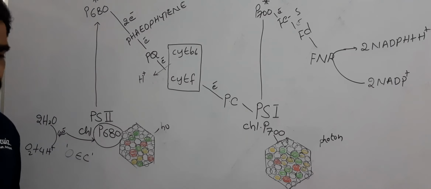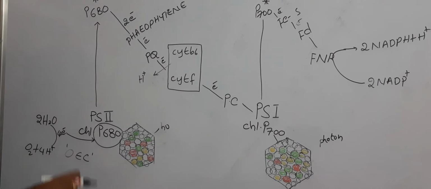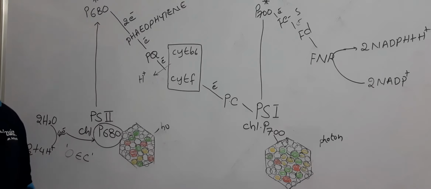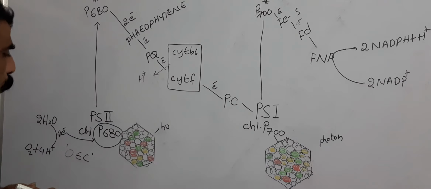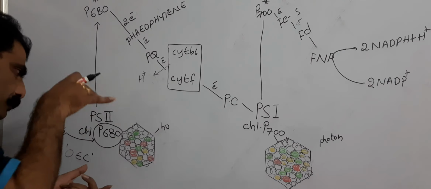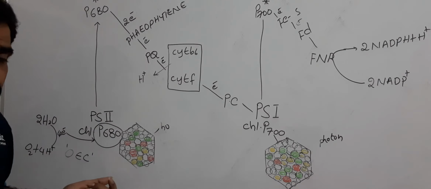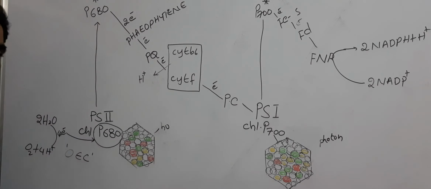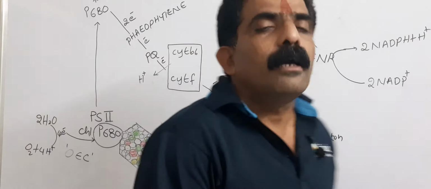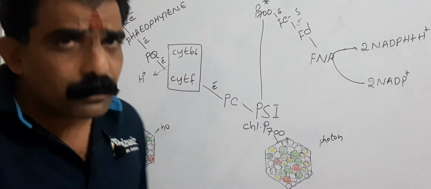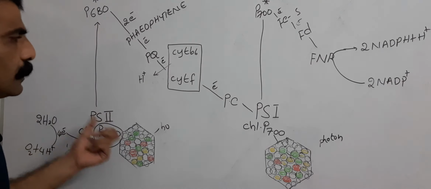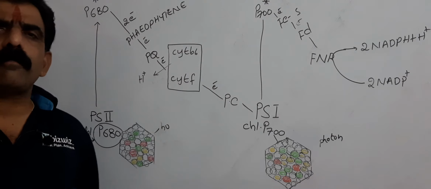The protons are released into the lumen because this photolysis occurs inside the lumen. So protons are released into the lumen where the electrons are transferred to the reaction center P680, because in the reaction center P680 electron deficiency is there, because that was created due to the transfer of electrons from P680 to P700.